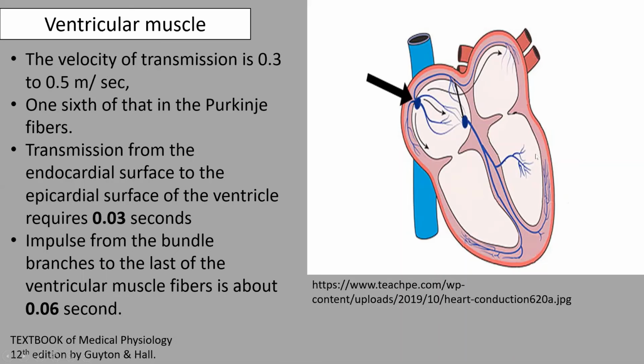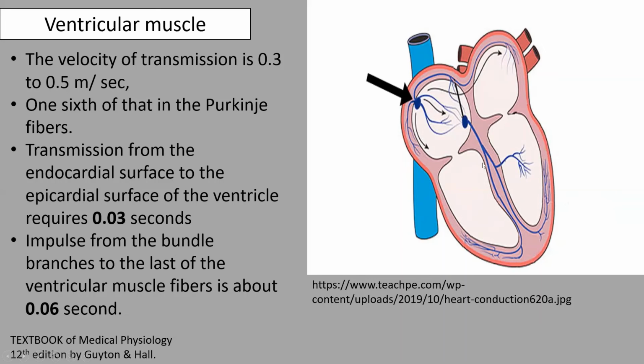From the endocardial surface to the epicardium, all over the ventricular muscle, the depolarizing current, after being supplied by the Purkinje fiber, takes around 0.03 second to reach the end of the ventricular muscle.